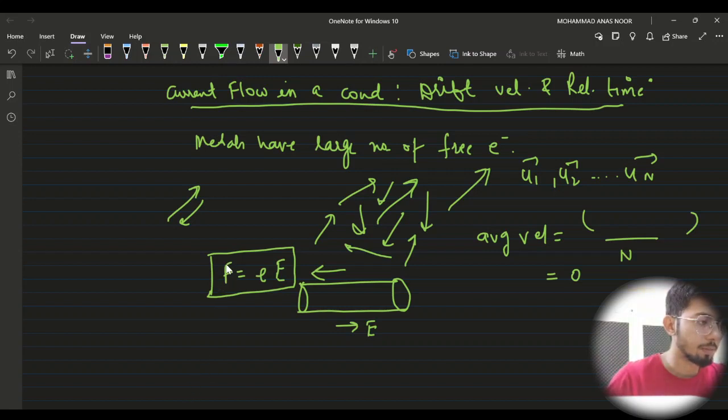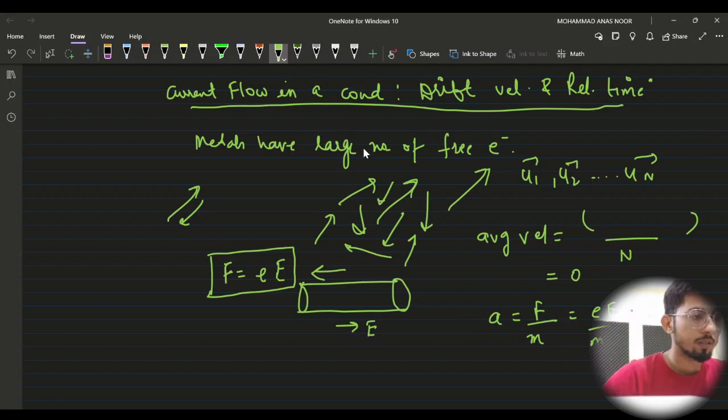Force is accompanied by acceleration. Acceleration is force upon mass, so a equals eE upon m, where m is the mass of the electron. This is the acceleration each electron would have.